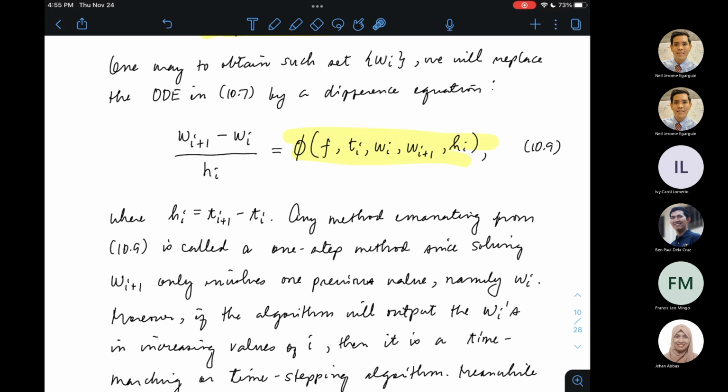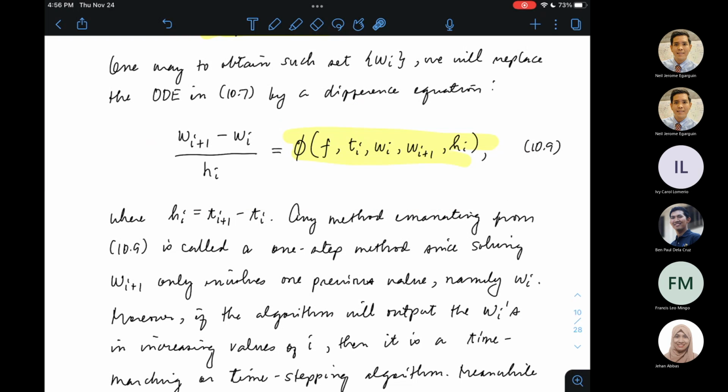Now, any method born out of equation 10.9 is called a one-step method. It's a one-step method because we're just moving forward in time or in the independent variable one step at a time. Kasi rito, ang involved lamang possibly in this equation is t sub i plus 1, and their function values.